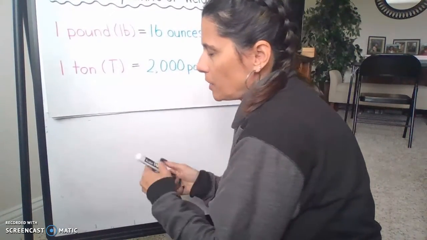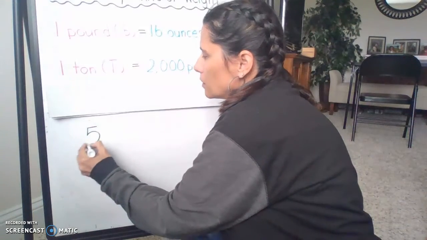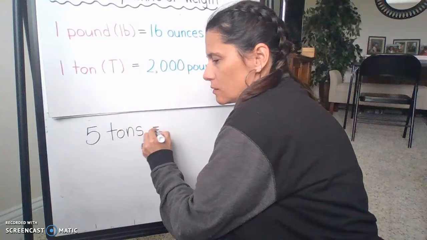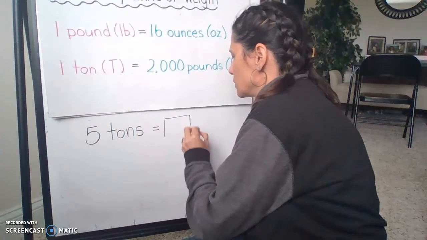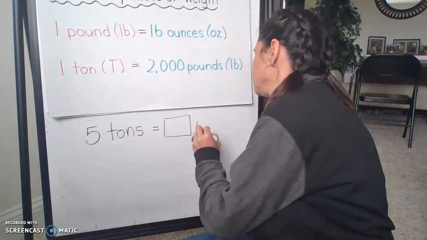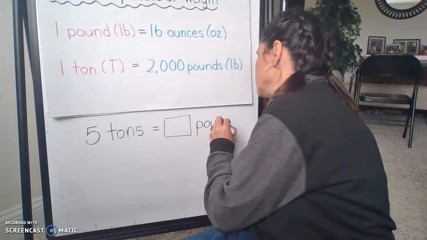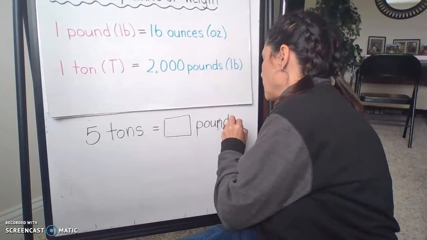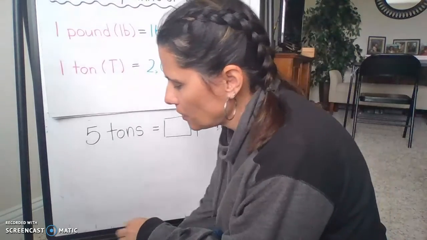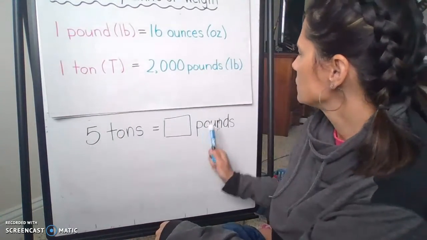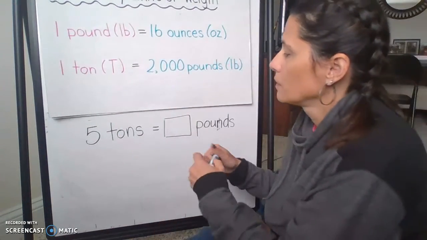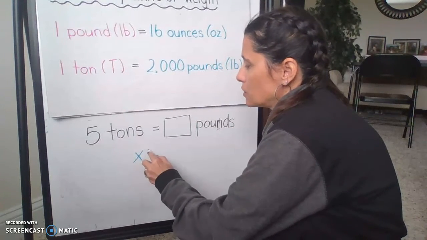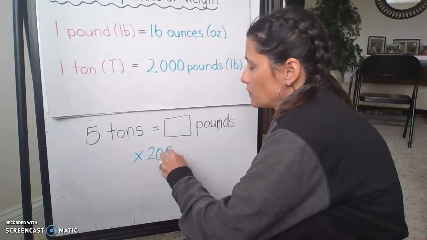Alright, so our first problem is, we have 5 tons, so how many pounds does that equal? Alright, so then I look up at my chart. I need from tons to pounds, so that's 2,000, right? So that means for every ton, there is 2,000 pounds.